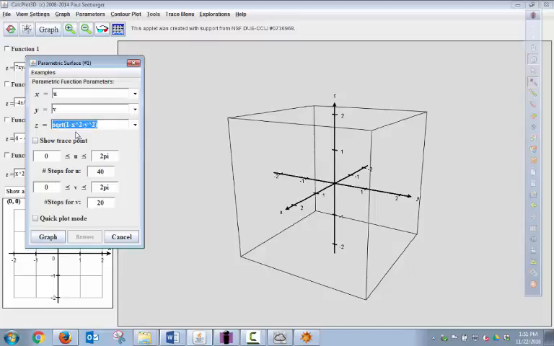X is not recognized. Oh, yeah, because I wanted u's and v's. Oh, come on. And let's go from -1 to 1. And let's do steps of 20 for now. And we'll talk about the steps in a minute.